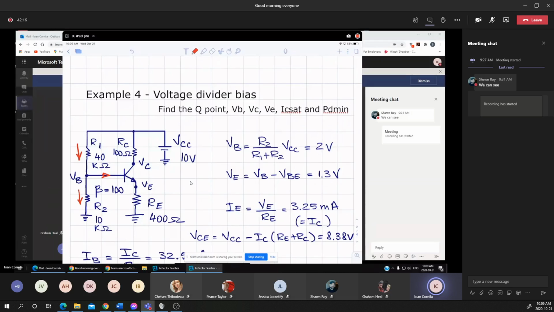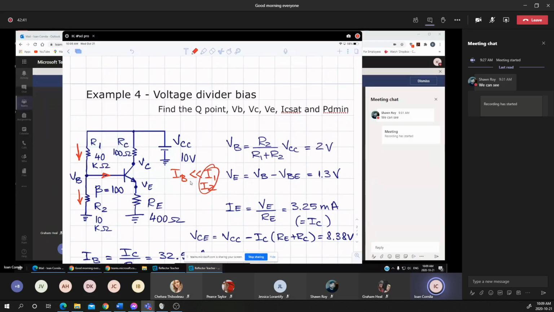That's why the only condition is to have the IB much smaller than the I1 or the I2, where the I1 is the same as the I2.